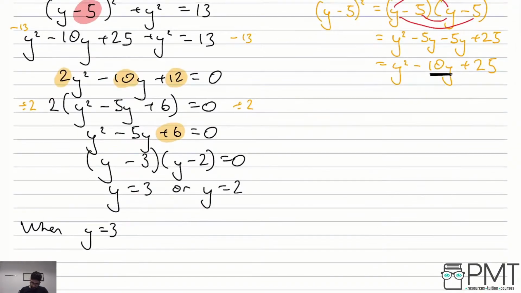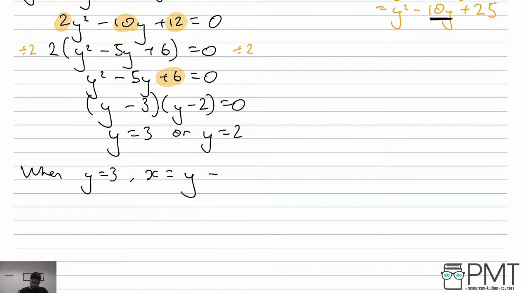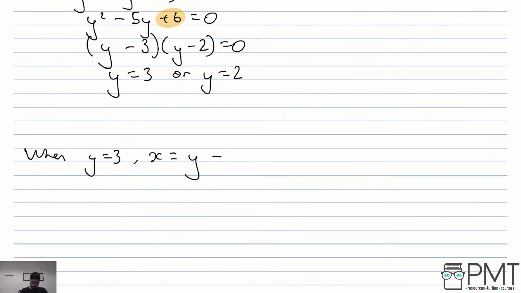Then x is equal to y minus 5. Let me write this down nicely so I don't have to scroll a lot. So equation 2 is x equals y minus 5.